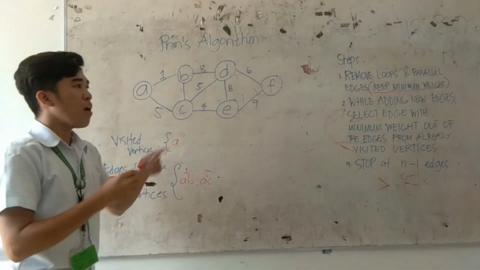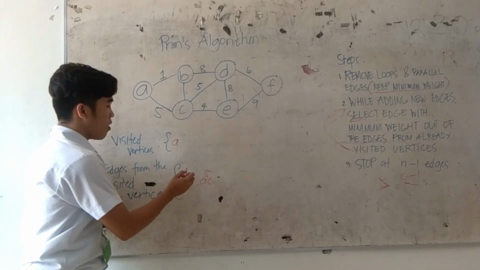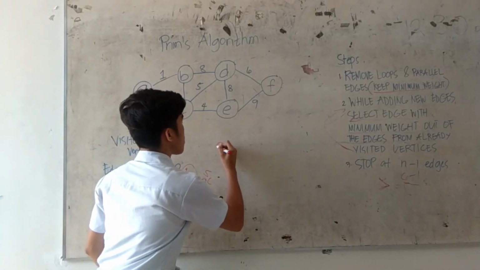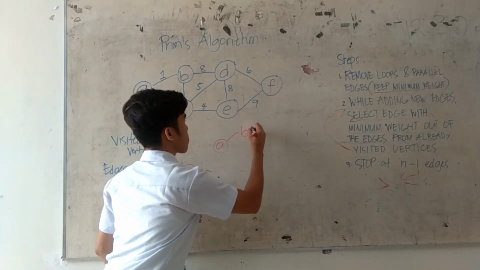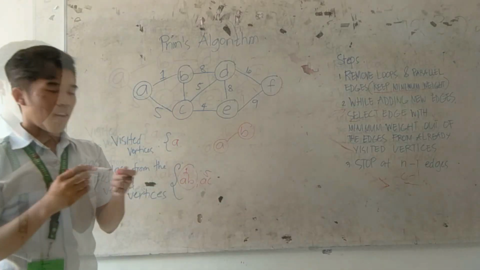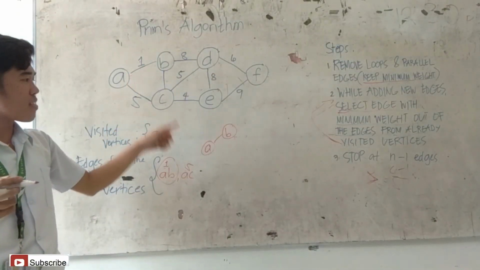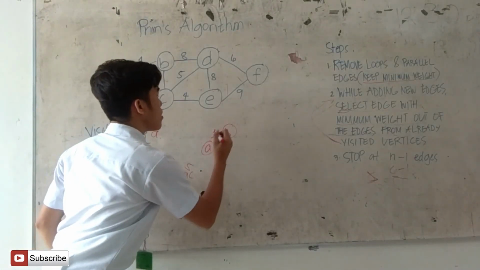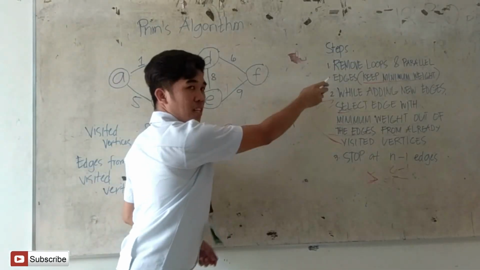The minimum weight is 1, so let's select AB. Let's write the cost of this edge. The cost is 1.